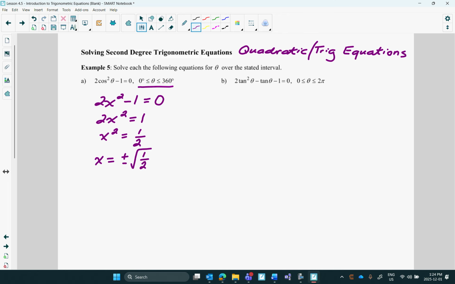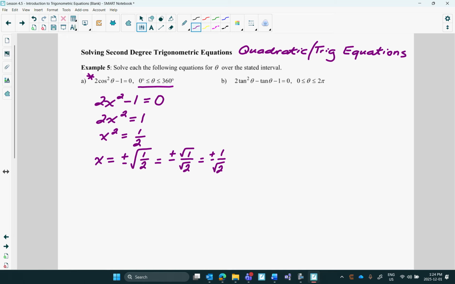Now, this is kind of a special one, because remember, we're looking to see when we solve these things, is it a unit circle value? Can we use the unit circle, or do we have to use a calculator? Okay. Well, I can take this further. This means the square root of 1 over the square root of 2. Well, square root of 1 is 1.